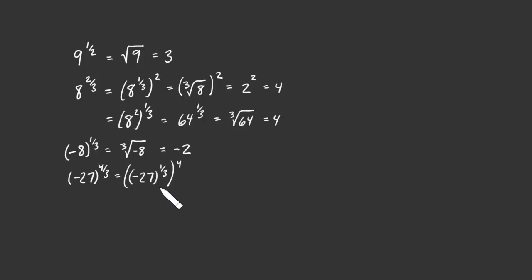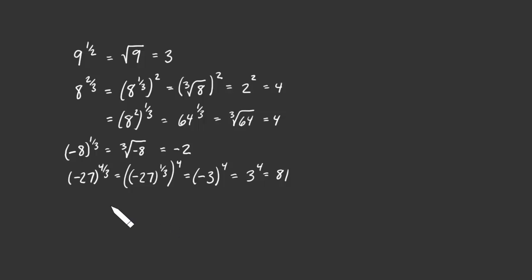This interior part here, negative 27 to the 1/3 power, that's the cube root of negative 27, which of course is negative 3, by a logic similar to the previous example. We still have to raise that to the 4th power. Notice we're raising the negative part as well to the 4th power, which means, since this is an even number, you have an even number of negatives multiplied together, so that's going to be turned positive. And we're left with simply 3 to the 4th, or 81, if you multiply that out.